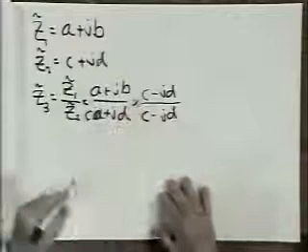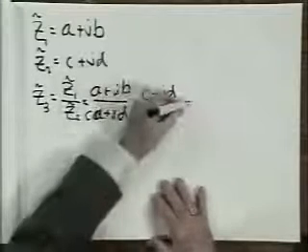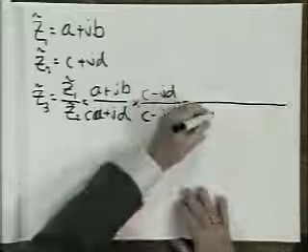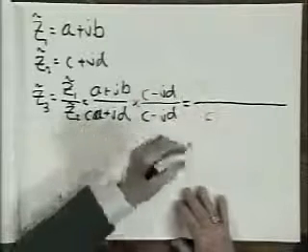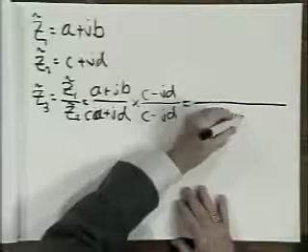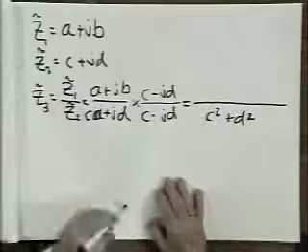That clearly doesn't change the value. This reduces to 1. But I then end up in the denominator with the number times its complex conjugate, which is just C squared plus D squared, the square of the magnitude of Z2.